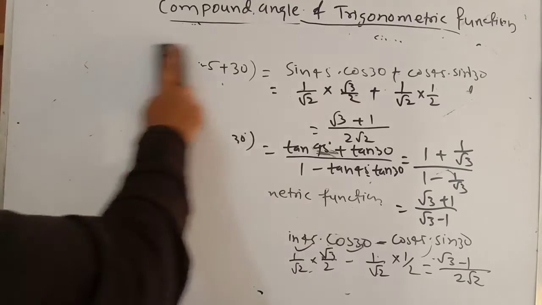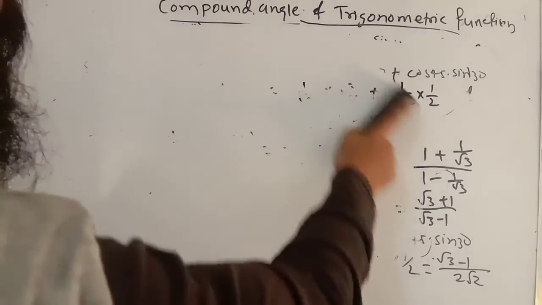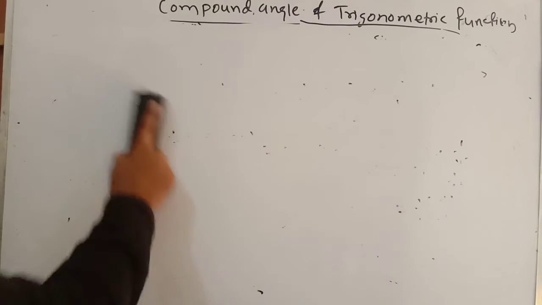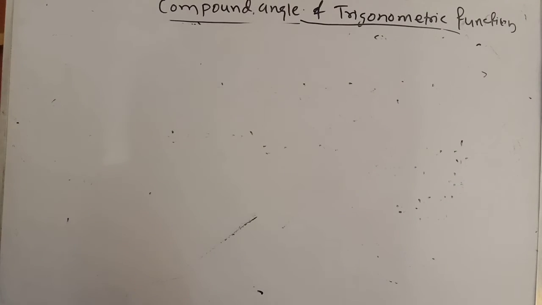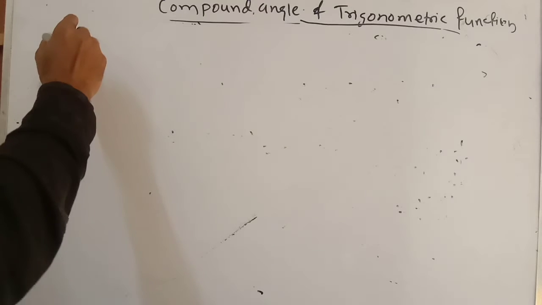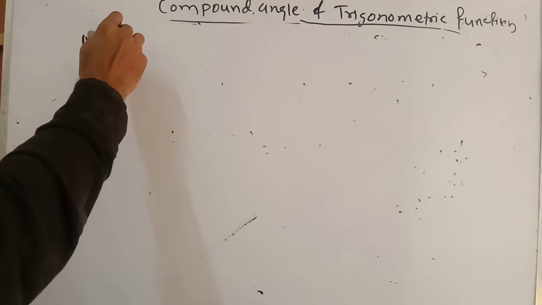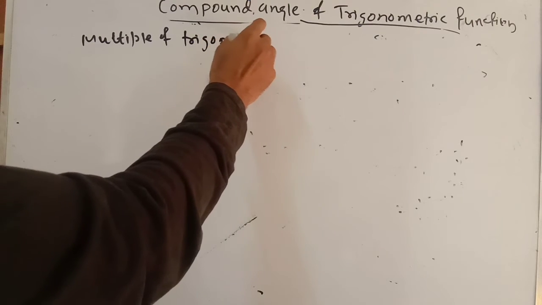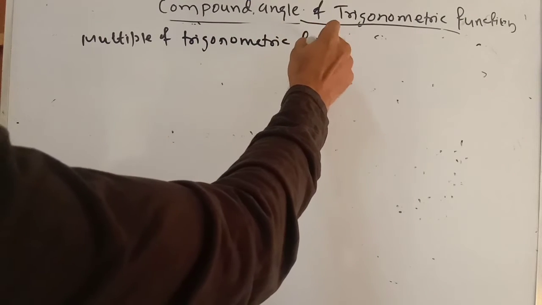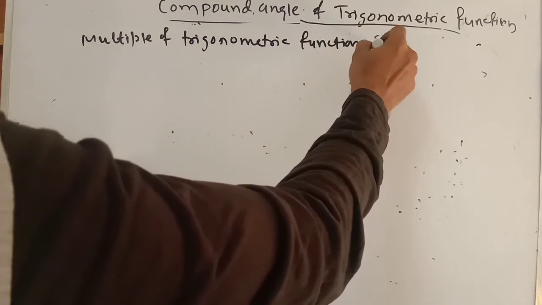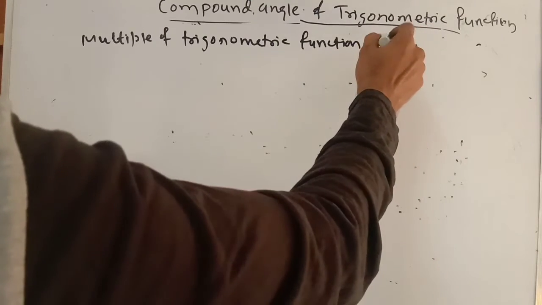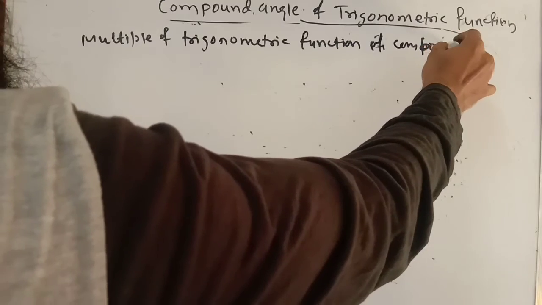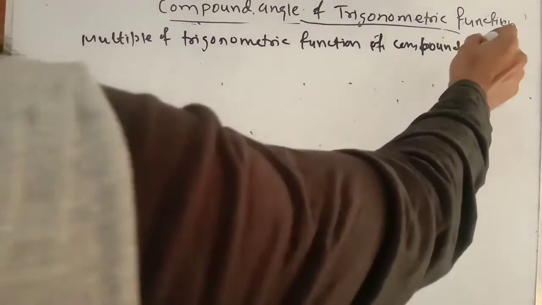So now there is another form of compound angle of trigonometric functions, like a product form and addition form. So let's see. Let's consider, first of all, you can write the multiple of trigonometric functions in compound form, compound angle.